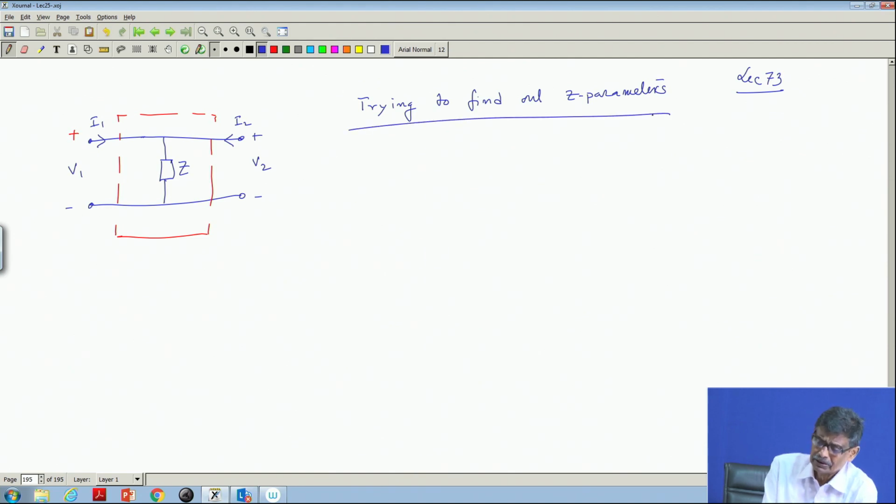To do this, you can go from the definition, write down V1 and Z1, but it is such a simple circuit that I will do it in a much simpler way.